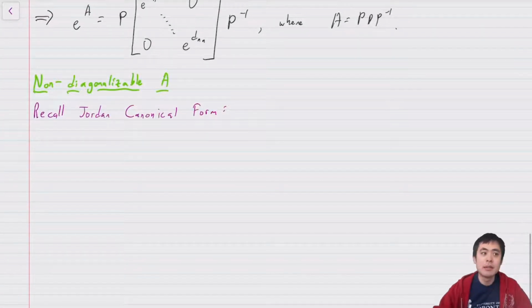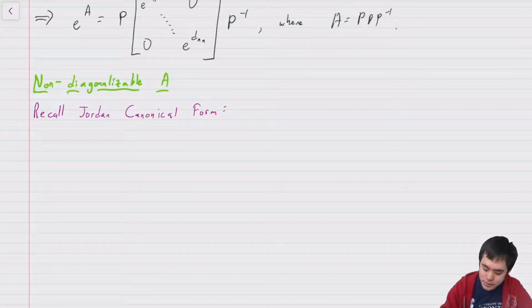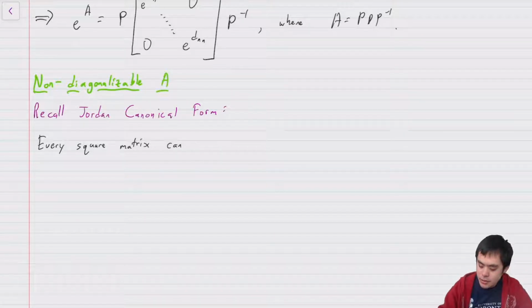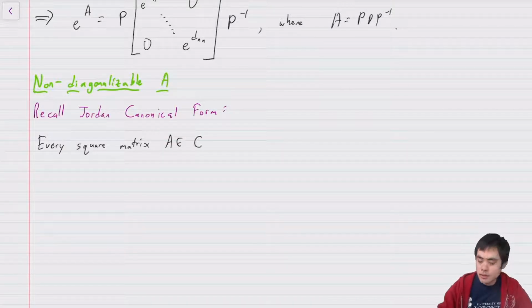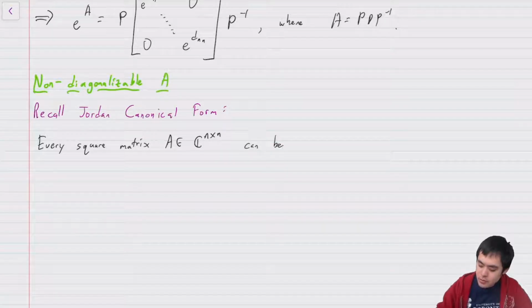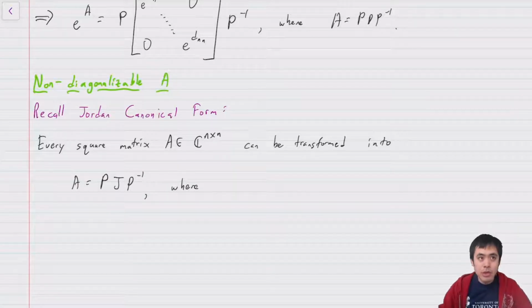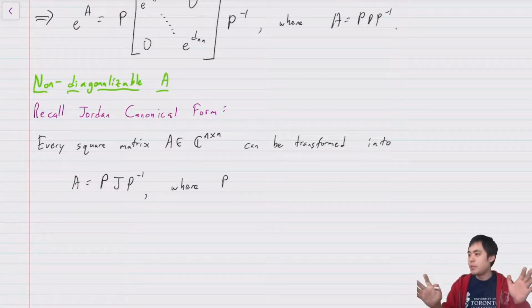Which is to say that every square matrix A, an n by n square matrix, can be transformed into A equal to P J P inverse, where note that J here is not the Jacobian matrix, which we may have seen elsewhere.